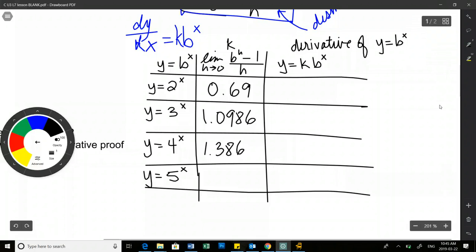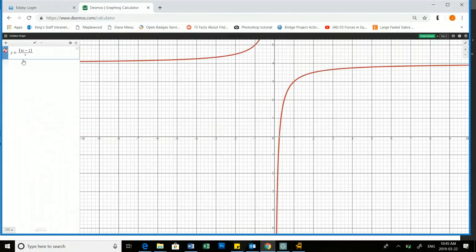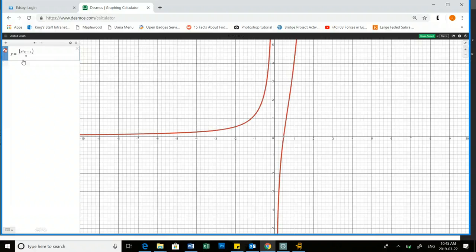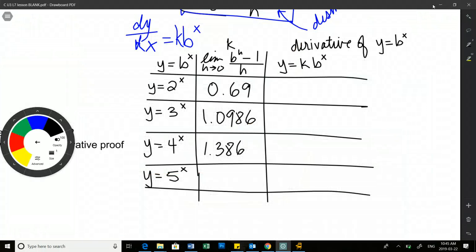Okay, and then if I change this last one to 5 and we approach 0 on that guy, 1.609. You got it. 1.6094. Okay, so 1.609 as we look at this.